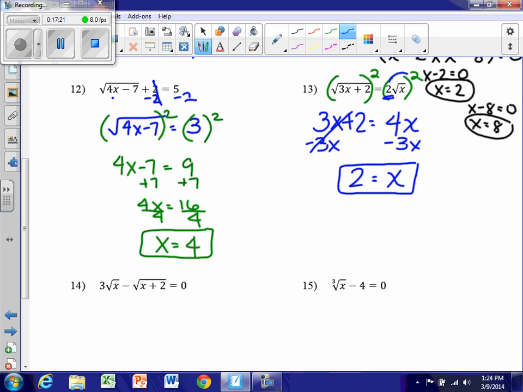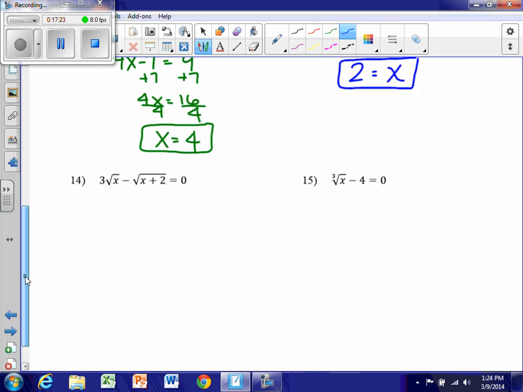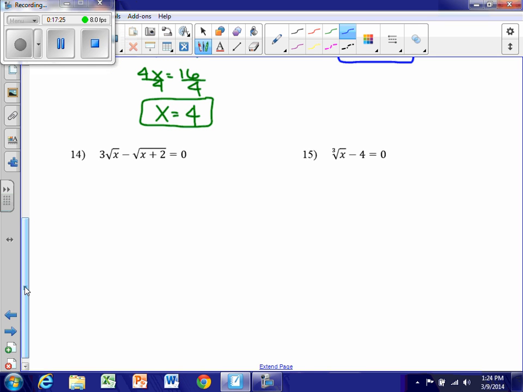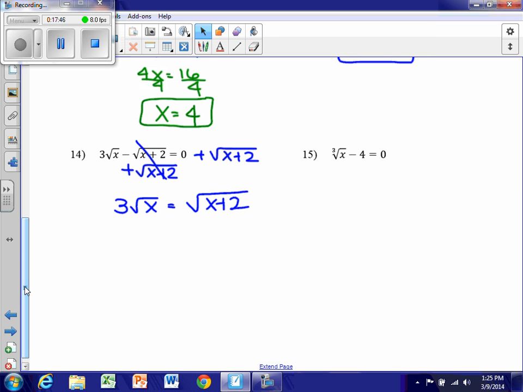Okay, now, problem number 14 is slightly different than 13 because they are not on different sides. So the first thing you want to do is if 1 is subtracted, that'll be easy, you add it because they have to be on separate sides. So we get 3 square root of x equals square root of x plus 2. Now they're on separate sides, and again, to get rid of a square root, we raise to the square.